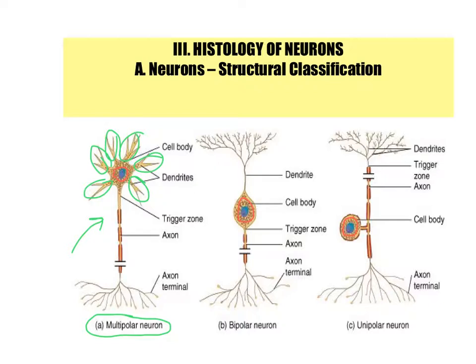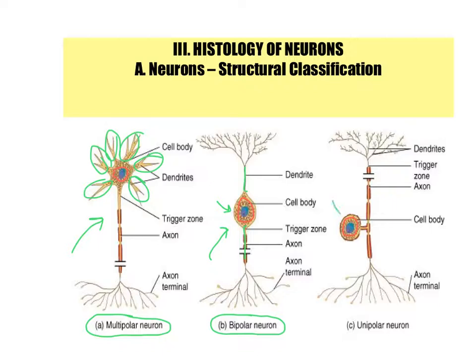That's a multipolar. Now if you look at this guy, here's the cell body. How many structures do you see coming out of it? I see one, I see two. That's it. There's only two. That's why this is a bipolar neuron. Remember, this was for the special senses and not a very common type of neuron.